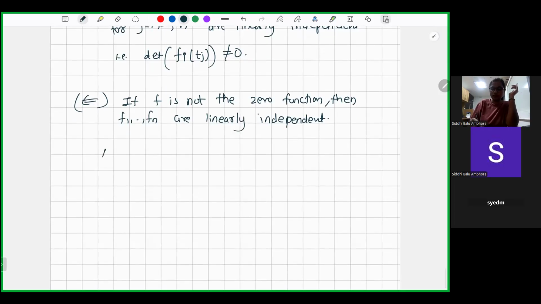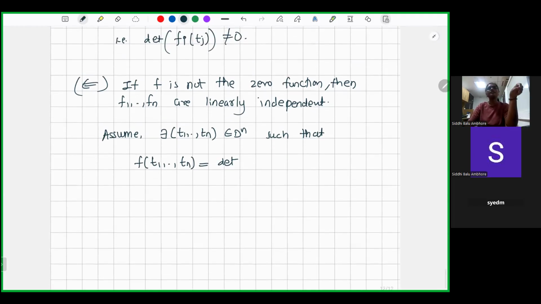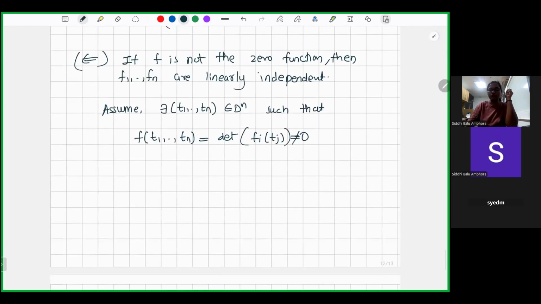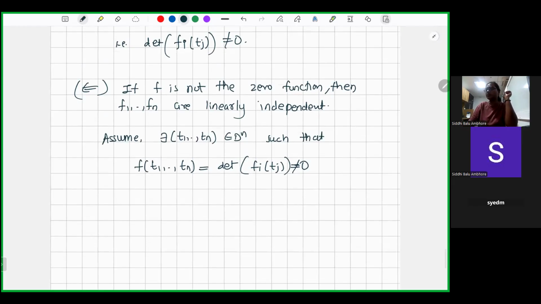Okay, so assume there exists T1 to Tn in D^n such that f(T1 to Tn) is equal to the determinant. Since f is not the zero function, there exists some T1 to Tn in D^n such that this determinant of Fij is non-zero. I can choose this because f is given to be not the zero function.